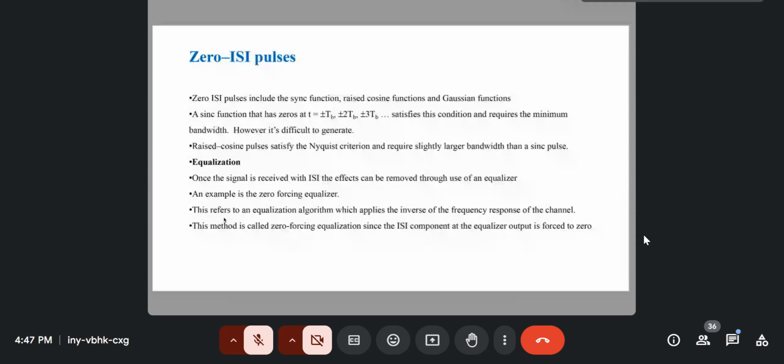Apart from the other things we do at the transmitter, one of them is pulse shaping. If you want to avoid ISI, change the shape of your pulse.